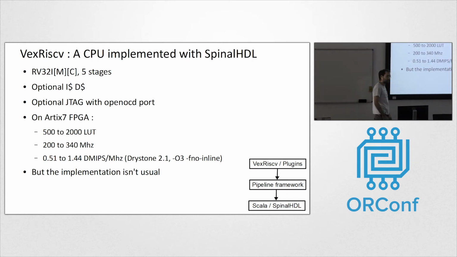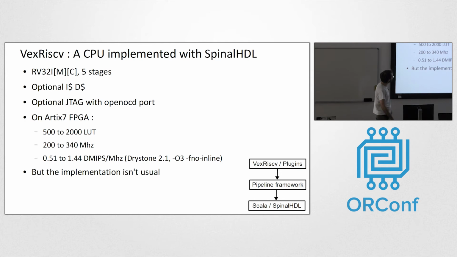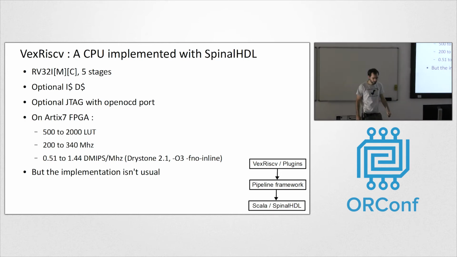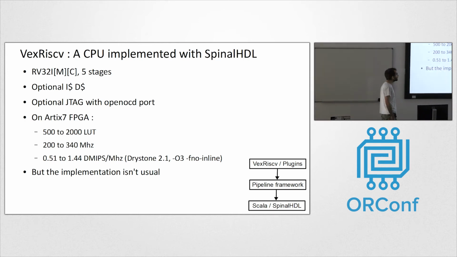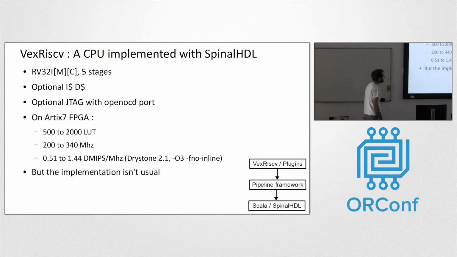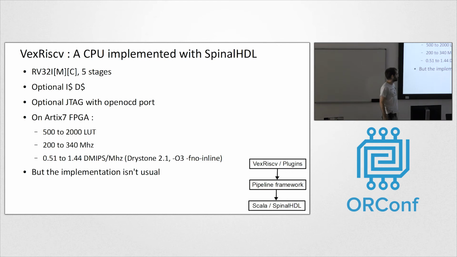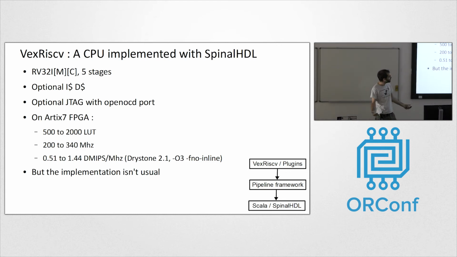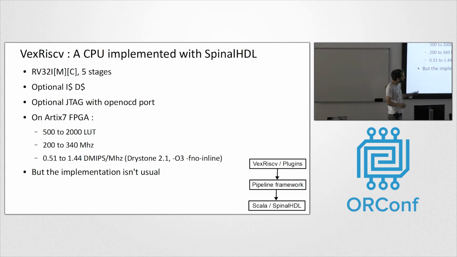On an Artix-7, for instance, it behaves quite well. The smallest configuration can go down to 500 lookup tables and up to 340 megahertz in an FPGA. Performance is quite good, at about the same level as MicroBlaze and Nios II. So a good soft core.